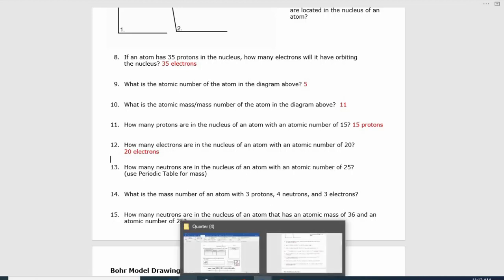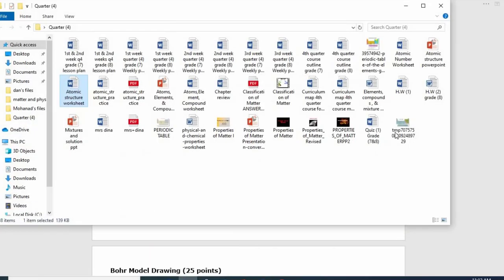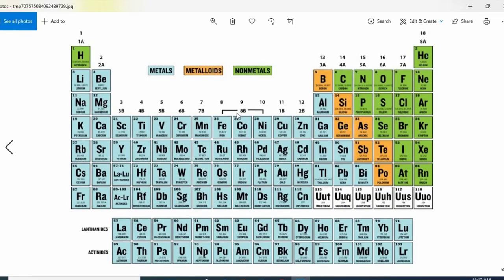So we have to open one periodic table, and we must search for an element with 25. Where is 25 here? Yes, we have atomic number 25, so this is manganese, and the mass number equals 55, as you can see here.